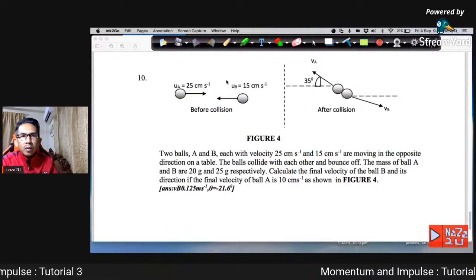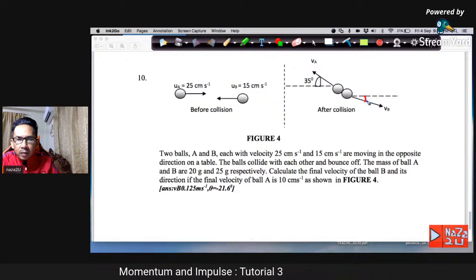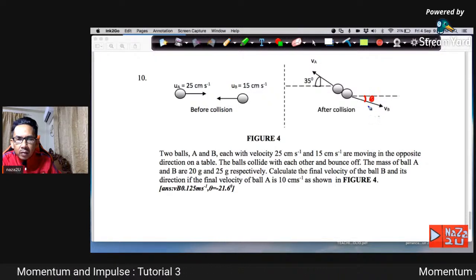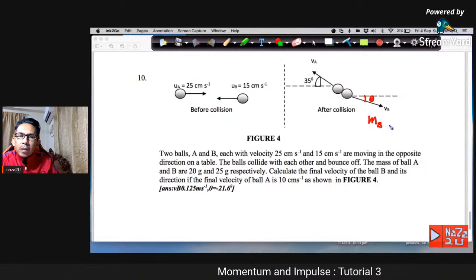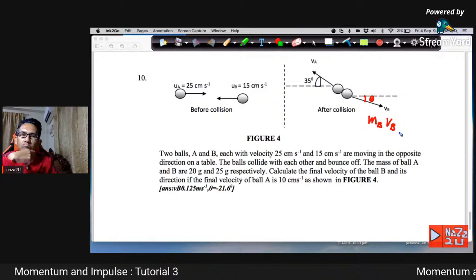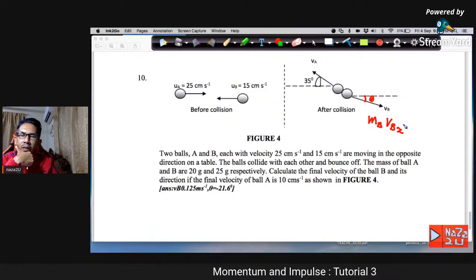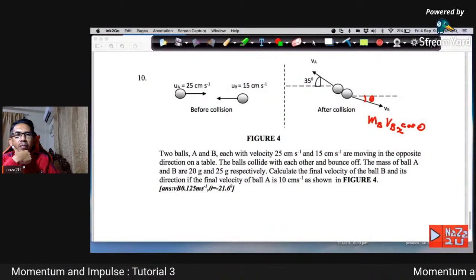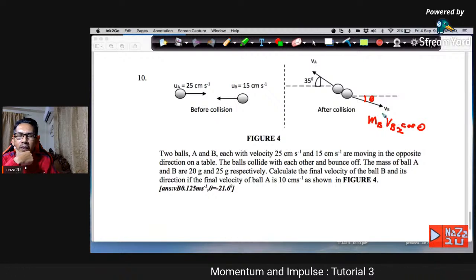Siapa tadi tanya tu? Okay, maksudnya dekat sini. Ya, memang tadi kalau kita nak resolve kat sini, memang ada theta kan? Tapi kalau kita resolve kat sini tadi, MB VB, this is VBX ataupun VBY lah. Memang dia ada, kalau kita tengok ada cos theta contohnya kan. Tapi ataupun dengan kata mudah, VBX ini yang kat sini kita sudah kira VBX.